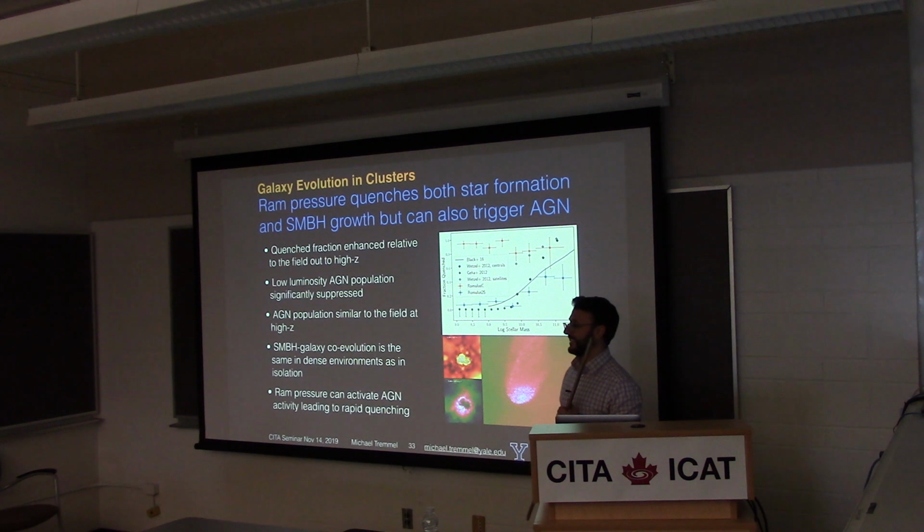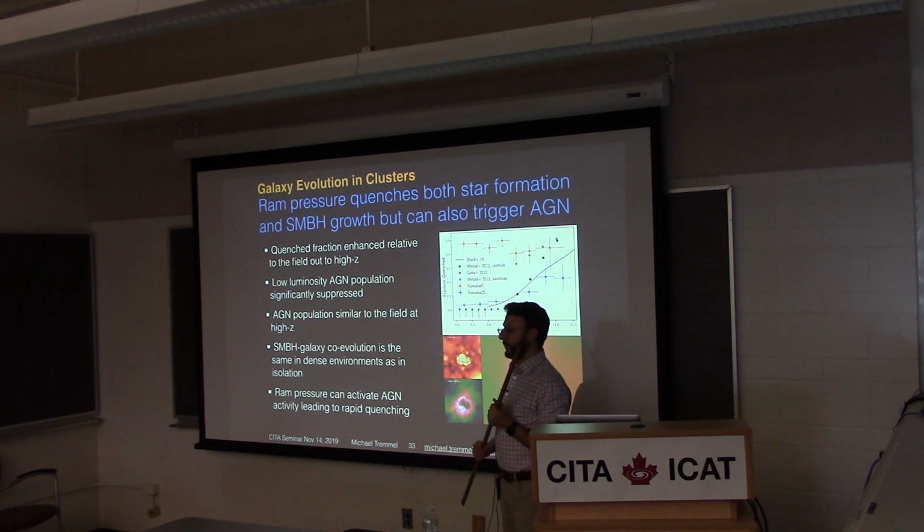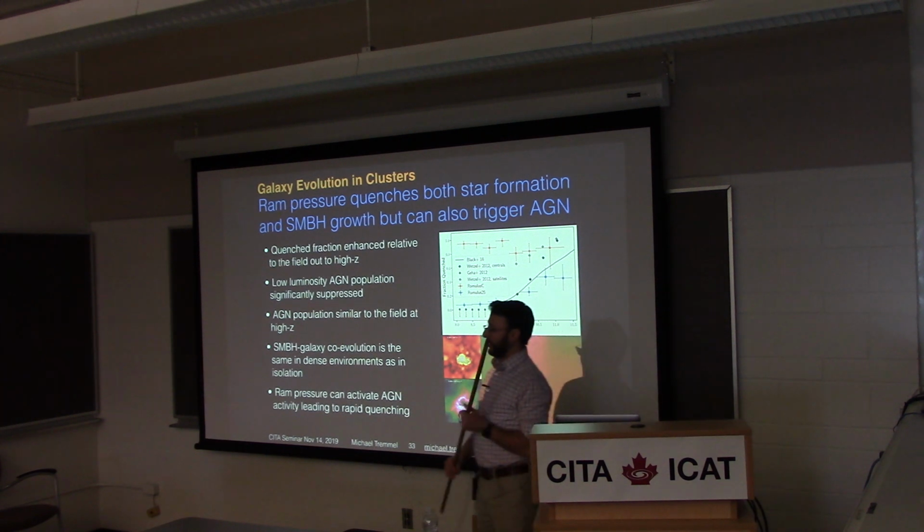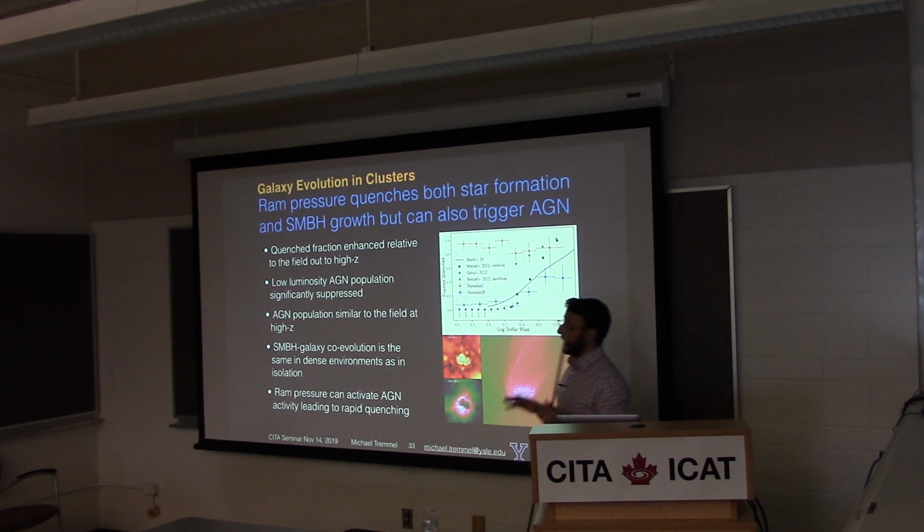Yeah? Does all of this stripped gas add much to the gas that's already there and doing the stripping? Right, that's a good question. In terms of total mass, I don't think so, but in terms of the multi-phase structure of the ICM, I definitely think it does.